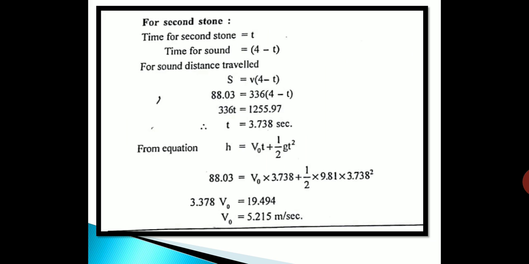That means if the stone is thrown with an initial velocity, we hear the sound of the splash early, whereas if the stone is free falling, without any initial velocity, we hear the sound of the splash a bit late.